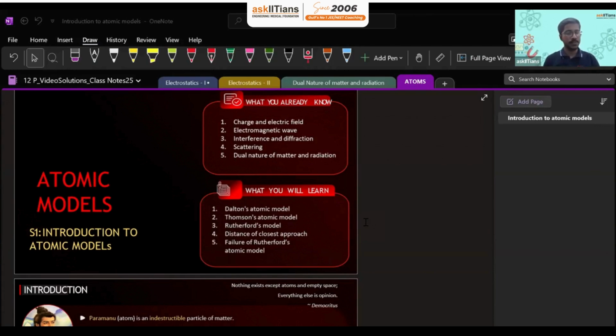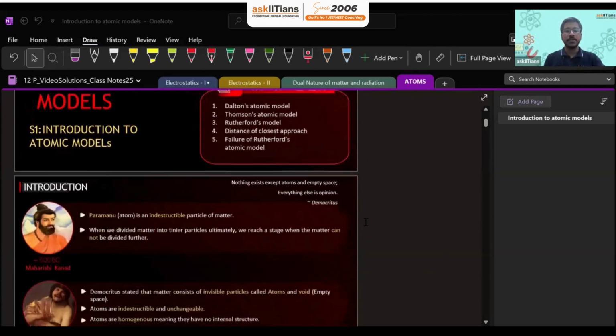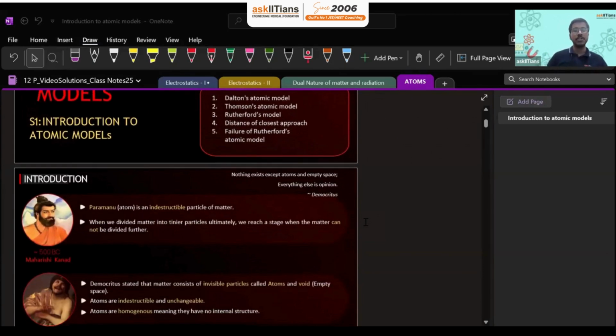Okay, let's first try to understand atoms. In the earlier stages, even in BC years, people had some notion of what atoms were. If you start dividing any object, like a table in front of me, you keep dividing it until you reach a very small particle that you can't divide further.